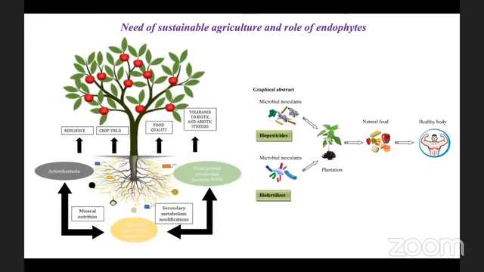So the need for sustainable agriculture is the most beneficial nowadays, and the role of endophytes is gaining importance here for sustainable agriculture. For any plant or any crop, as part of your routine farming practices, we have to consider the four important parts in that.